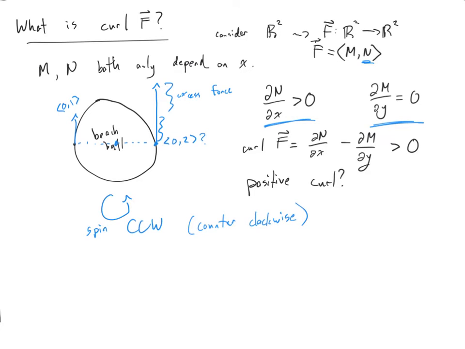So I'm going to use CCW and CW for counterclockwise and clockwise. So the big takeaway is that positive curl is the same as counterclockwise spin, or a counterclockwise rotation.